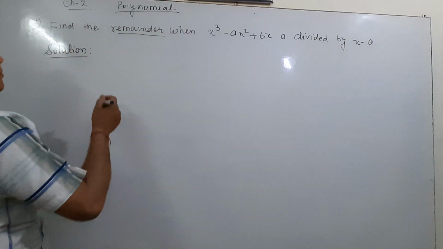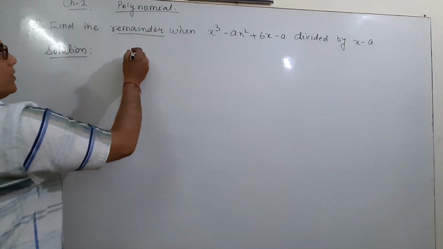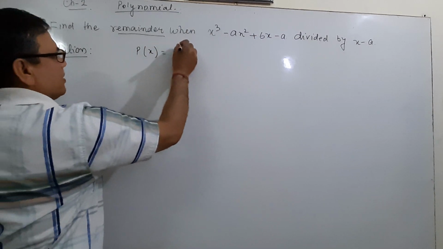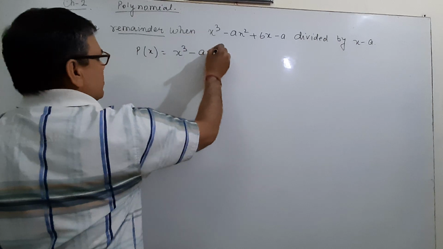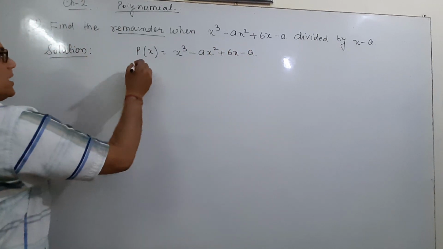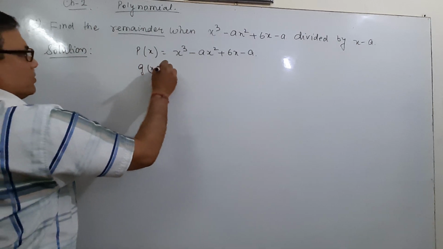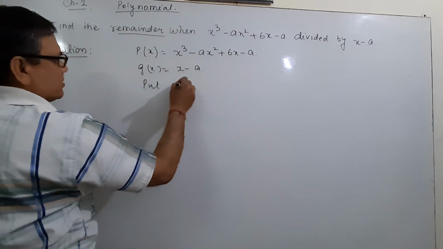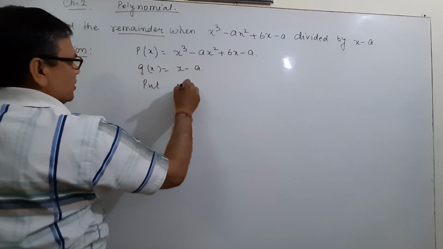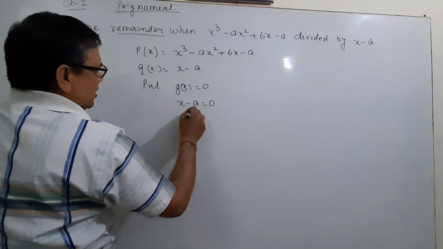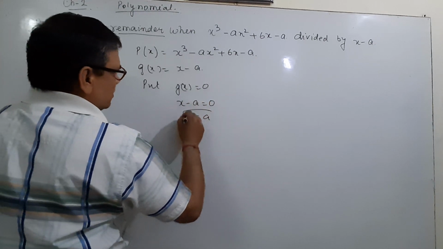It means find the remainder. Now p(x) is equal to x to the power 3 minus ax square plus 6x minus a. Then g(x) equals x minus a. Put g(x) equal to 0, meaning x minus a equal to 0, x equals a.